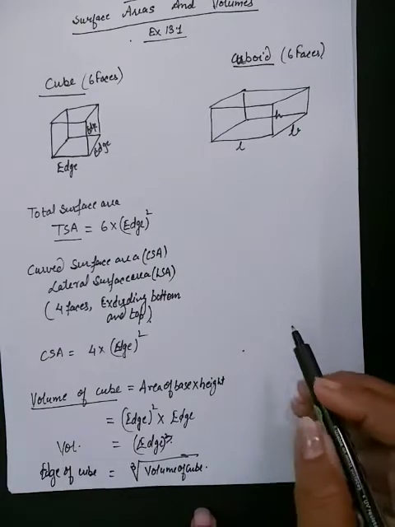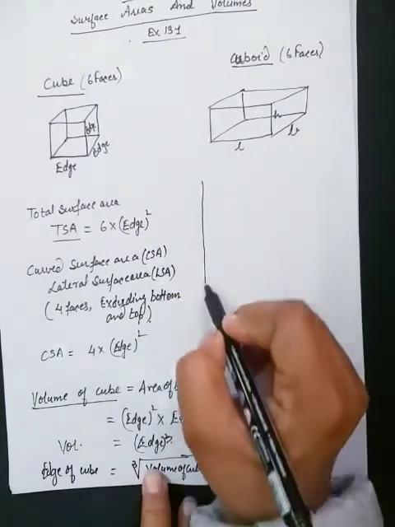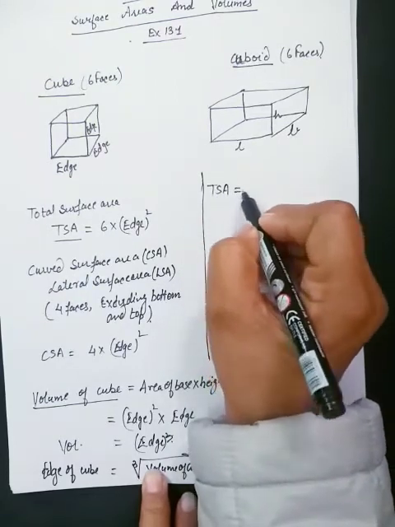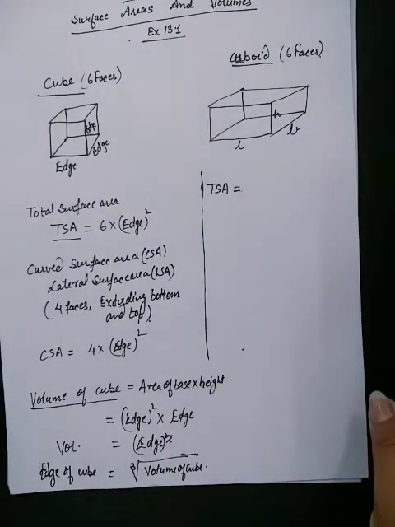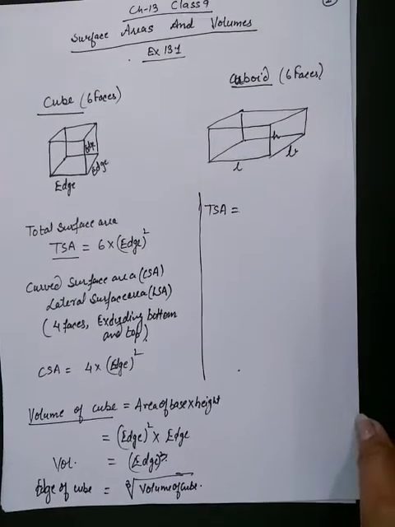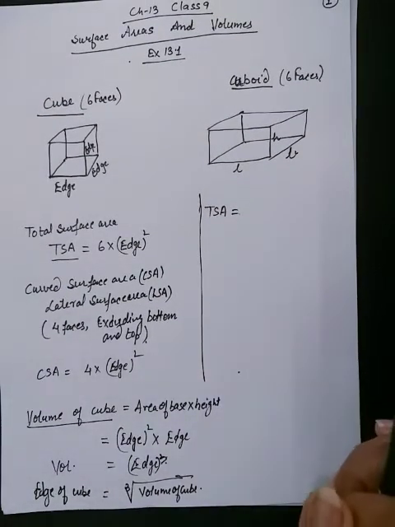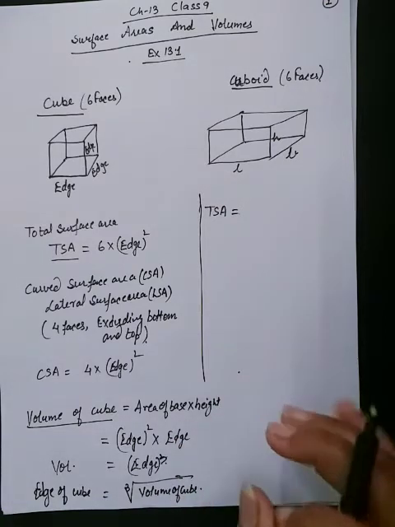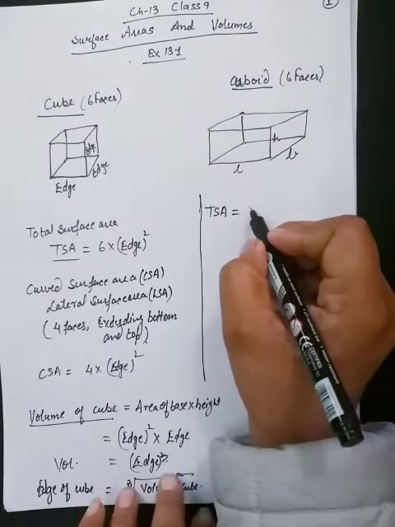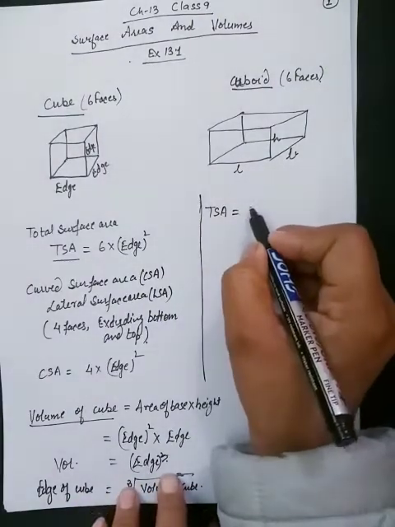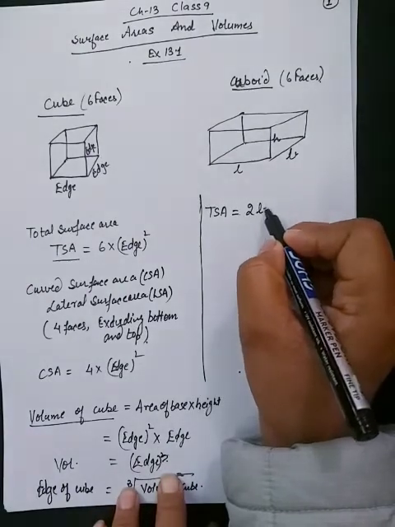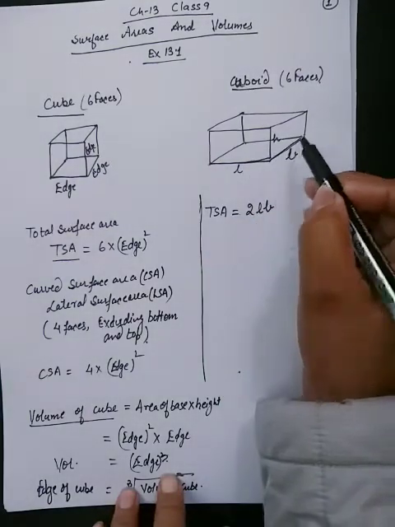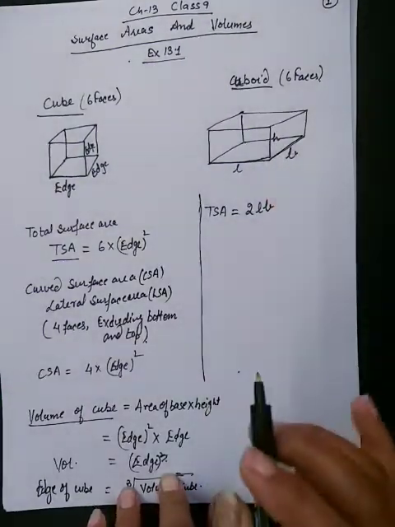Next solid is cuboid. Same in cuboid, TSA means total surface area. It means we have to find the area of all its 6 faces, and opposite faces are the same in size and shape. So for the top and bottom face, the area will be 2 multiplied by LB, because the bottom has length and breadth, and top and bottom are congruent.